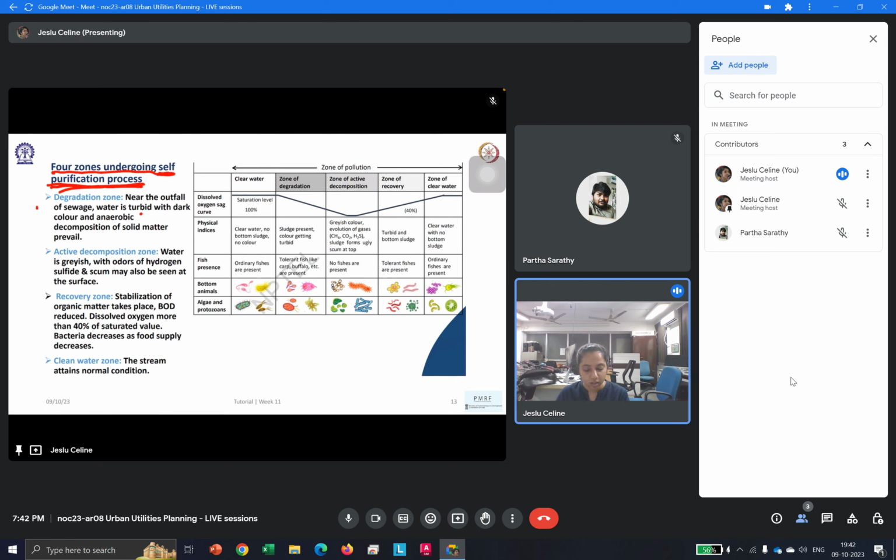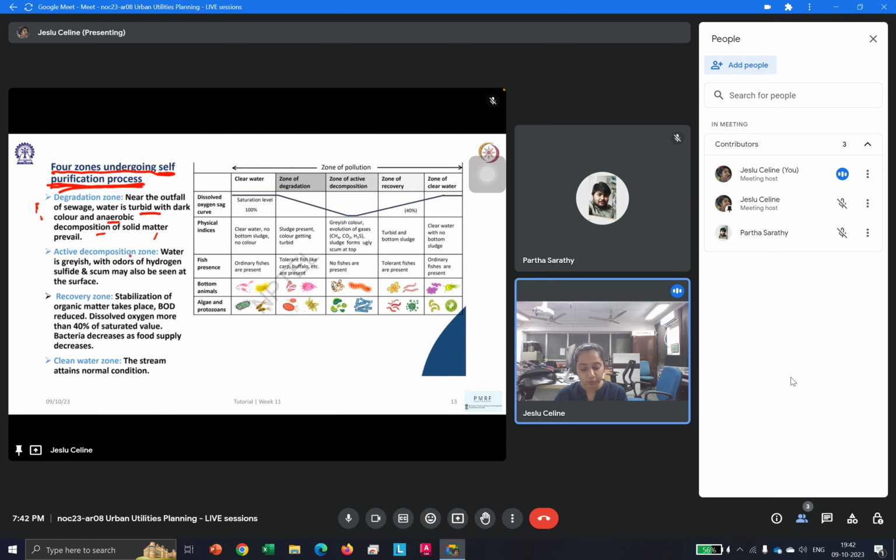So it's very dark, turbid, and there can be anaerobic decomposition of solid material also. Why anaerobic? Because you're not providing adequate oxygen, and microorganisms are not added. So this is the initial phase, the degradation zone.